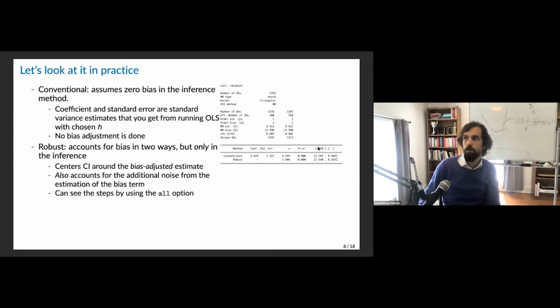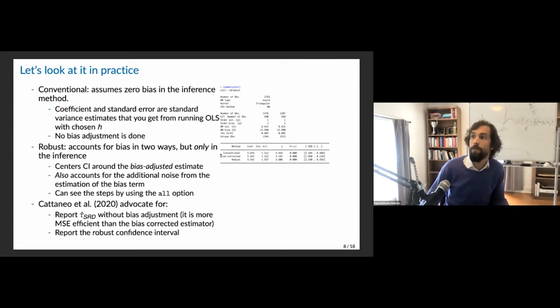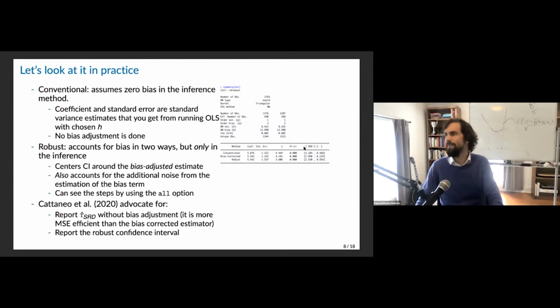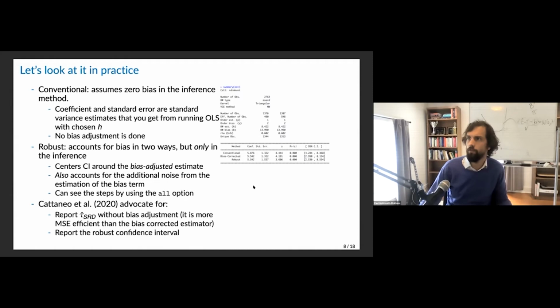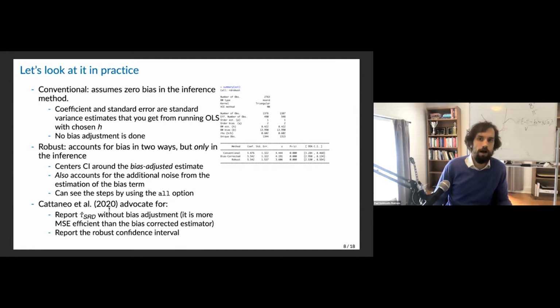Now, there are kind of two steps in here, where really what you could do is there's the bias corrected estimator. So if you look at this, this is usually what the output looks like. But if you use this all option, you can see all three estimates. There's the conventional one I just told you.